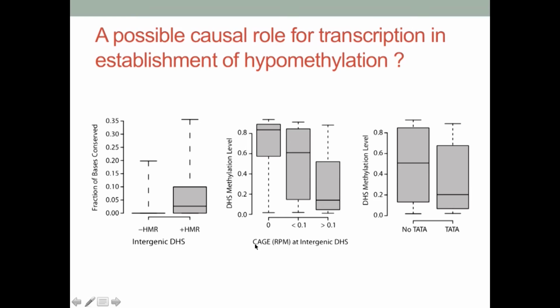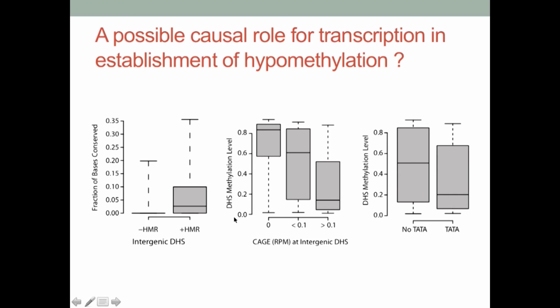Right, so going back to the question of DNase hypersensitivity, we can see that the ones that actually overlap hypomethylated regions are more likely to be conserved. The DHSs that are hypomethylated are also more likely to be expressed. So this is looking at CAGE RPKM versus methylation level.